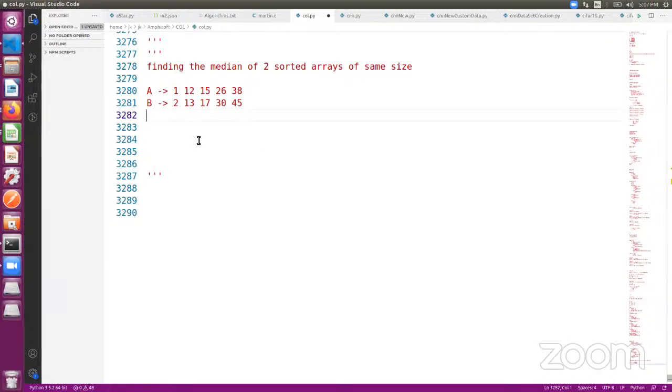What would be the complexity of that algorithm if there are n elements in each array? What is the complexity to merge two lists? There are n elements in each array, so it is n plus n, which is nothing but 2n.